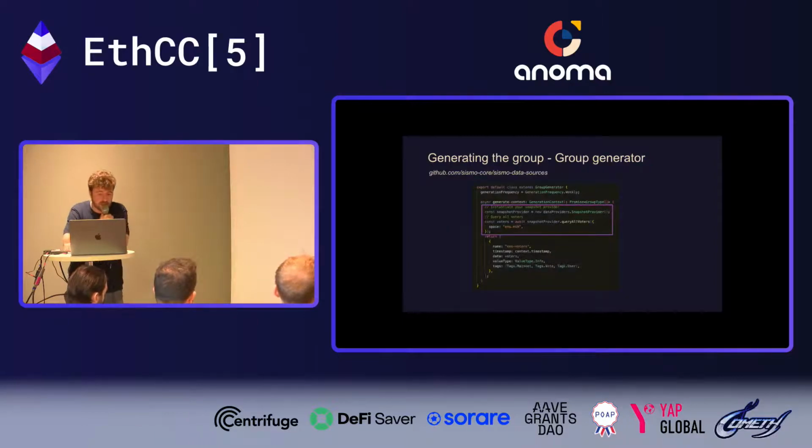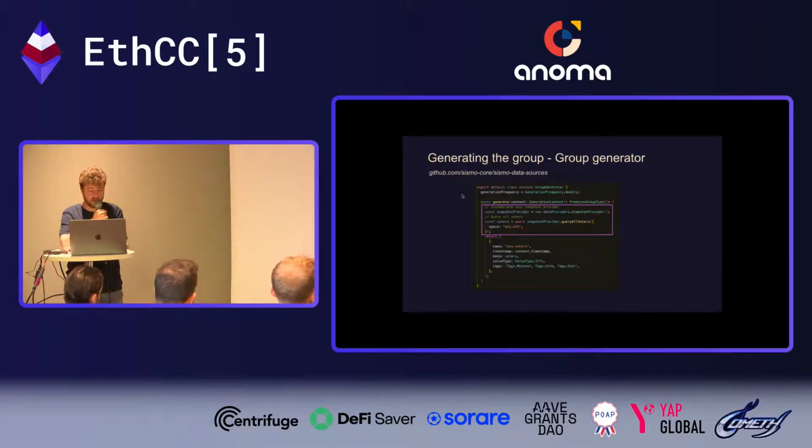Here is an example where we want to create an ENS voters group with all the voters on Snapshot that voted in the ENS space. You just instantiate your Snapshot provider, and you just need to create all voters for a space. You can also create all voters for a particular proposal.